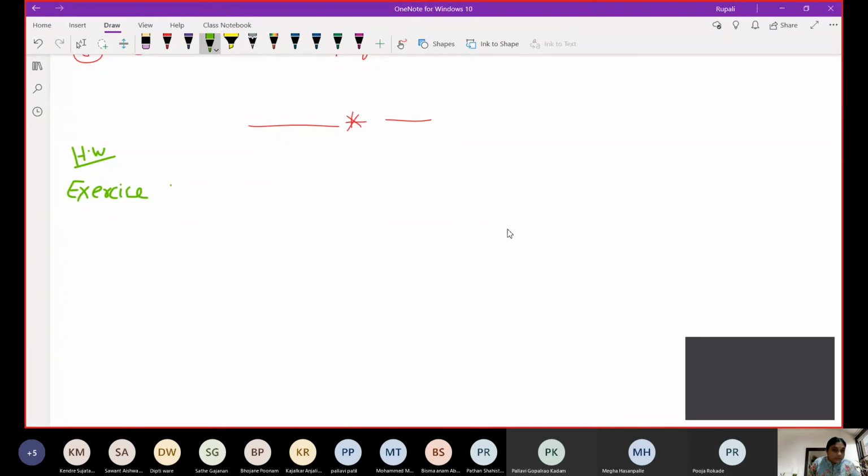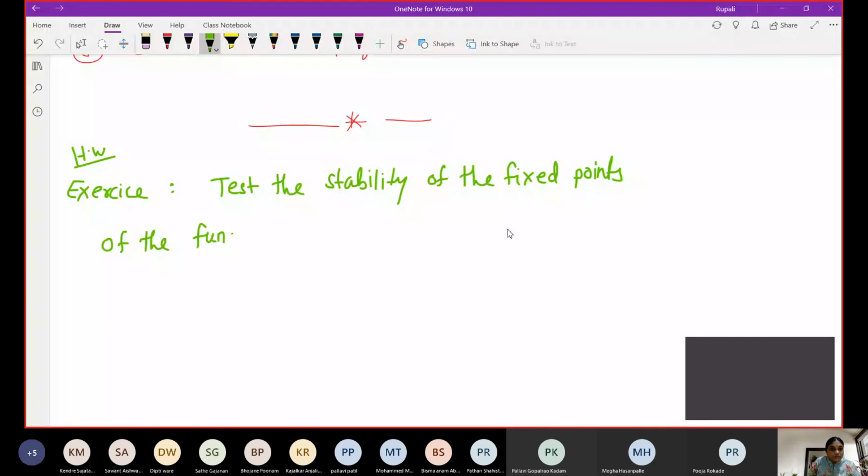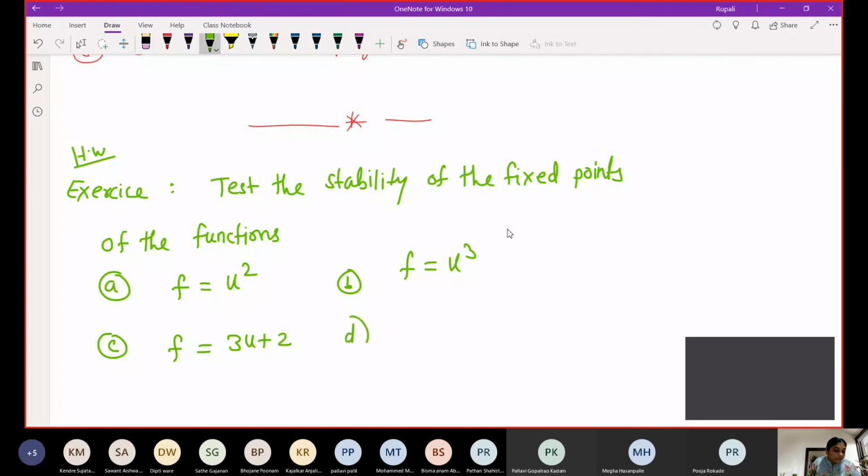Test the stability of the fixed points of the functions: first f(u) is equal to u square, second f(u) is equal to u cube, third one f(u) is equal to 3u plus 2, and fourth minus u plus 1.